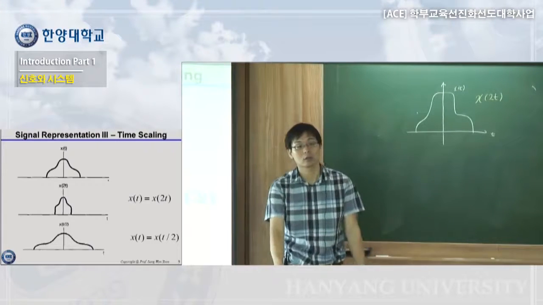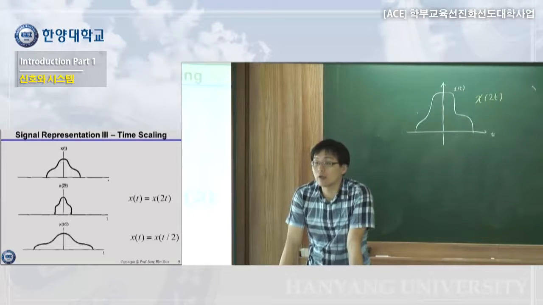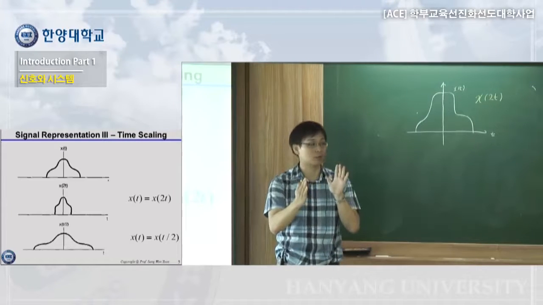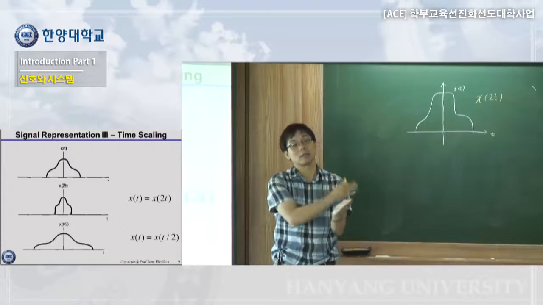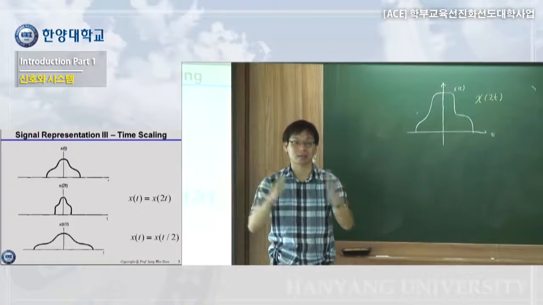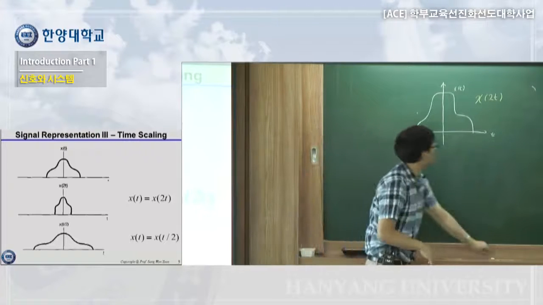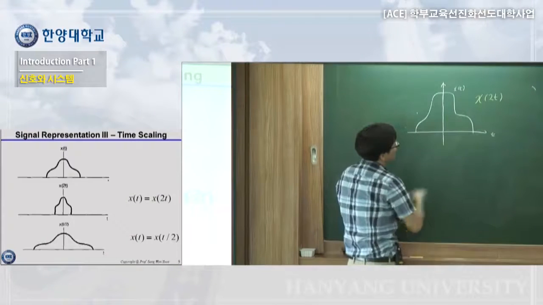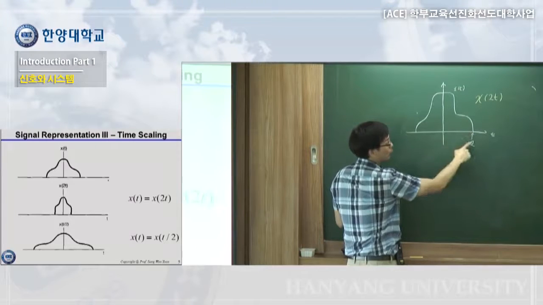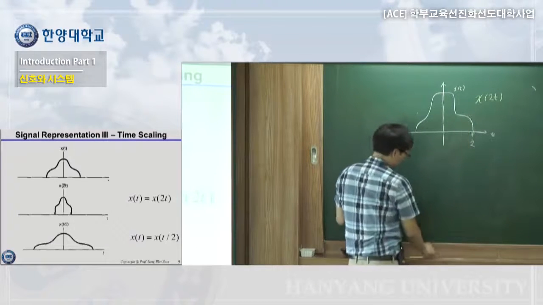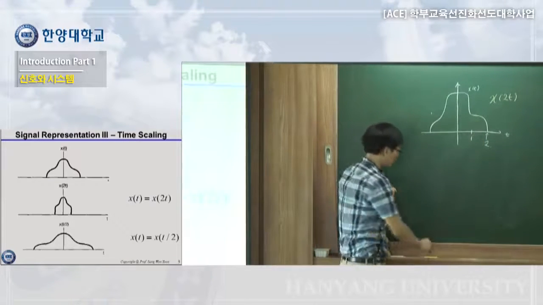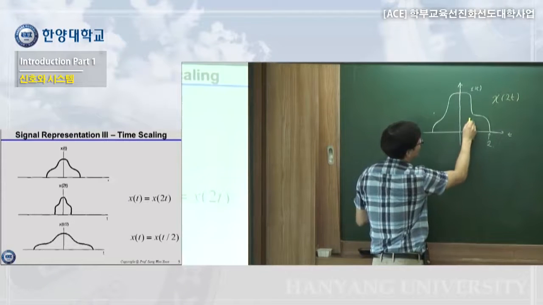Of course, it's shown on the screen, but how can we find it? Before, we shifted by time, by subtraction, and we also reversed by time. Now we scale, we change the scale on the x-axis. Let's think in this way. Say this is time 2, and to reach it we have to wait for 2. Here, we only need 1 to make 2, right? That means the wave looks like this.